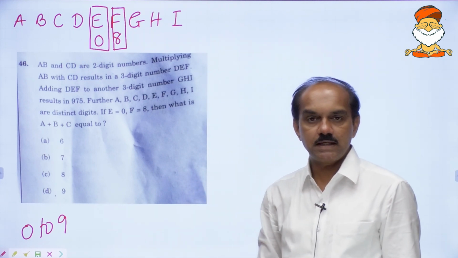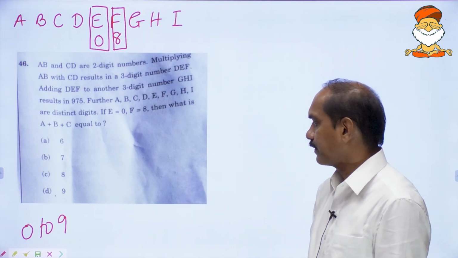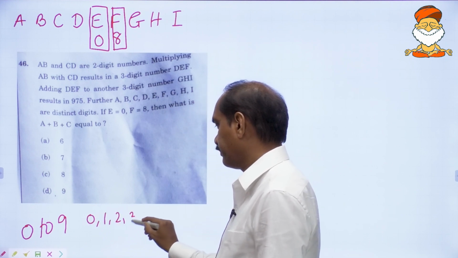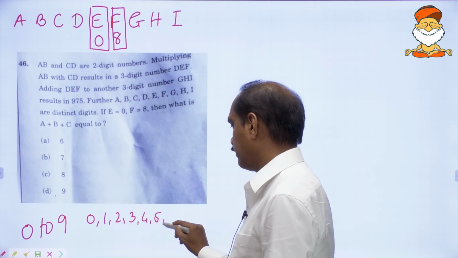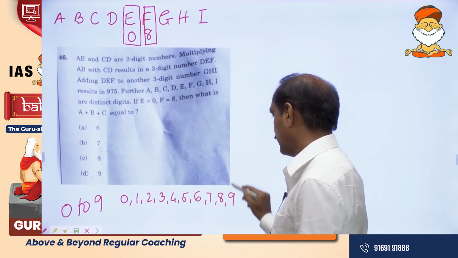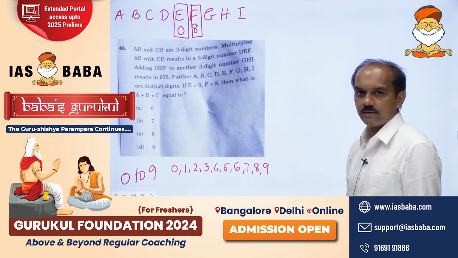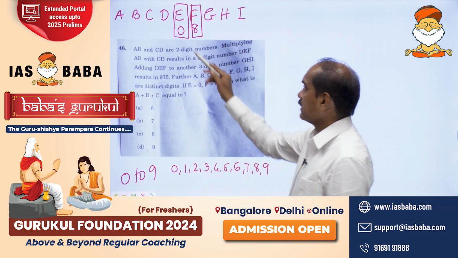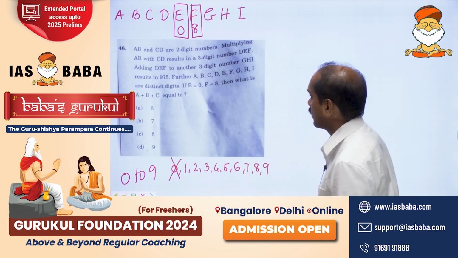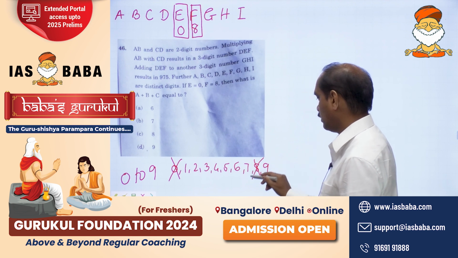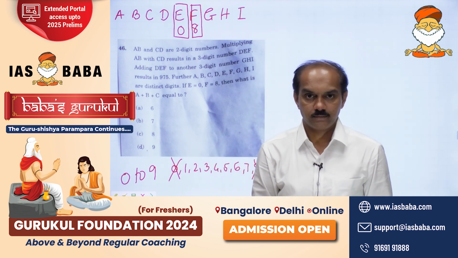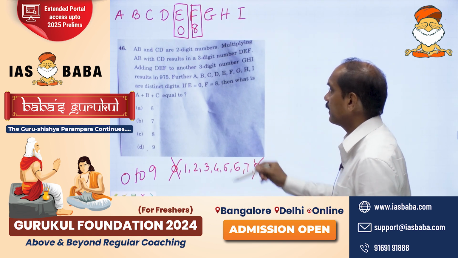A plus B plus C is how much? 0 to 9, 0, 1, 2, 3, 4, 5, 6, 7, 8, 9. These are the digits which are allowed. And 0 and 8 are already used. You are not allowed to use them again, because they are all distinct digits, as he is saying.